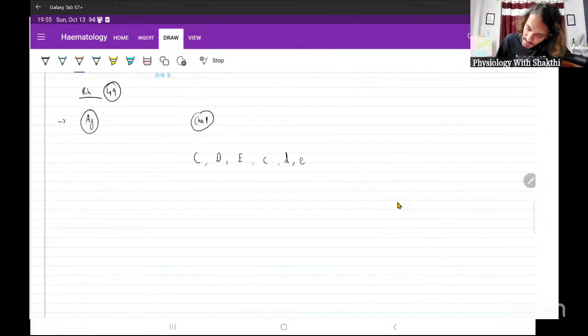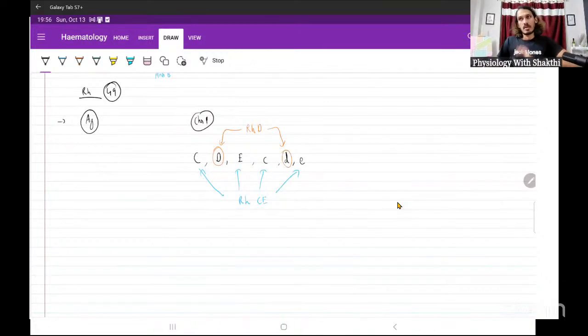Out of that, the capital D and the small d are coming from the RHD gene. And from the RHCE gene, the rest of them come. Now, if you look at Asians, around 99% of Asians have the D gene. 99%, that is a big thing.